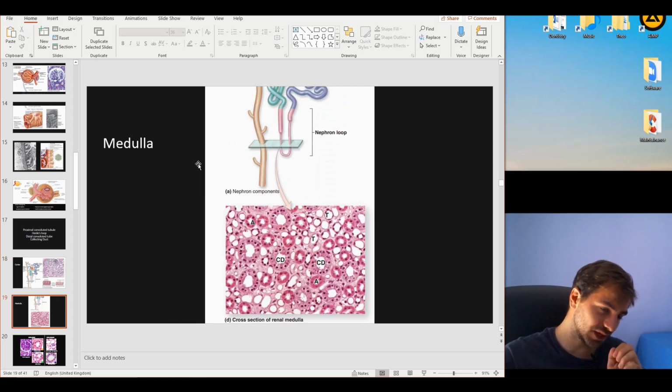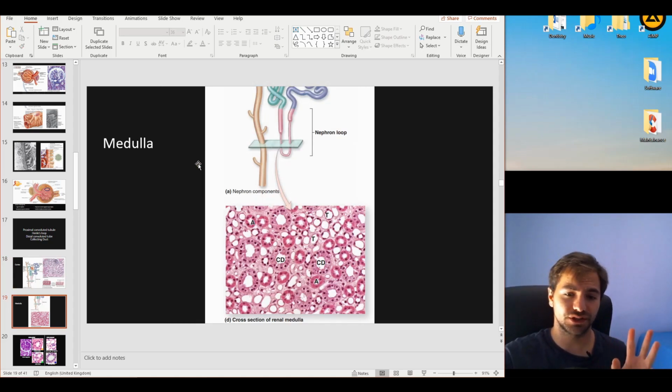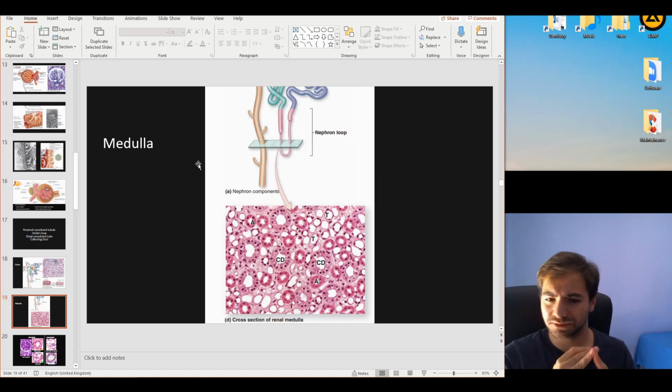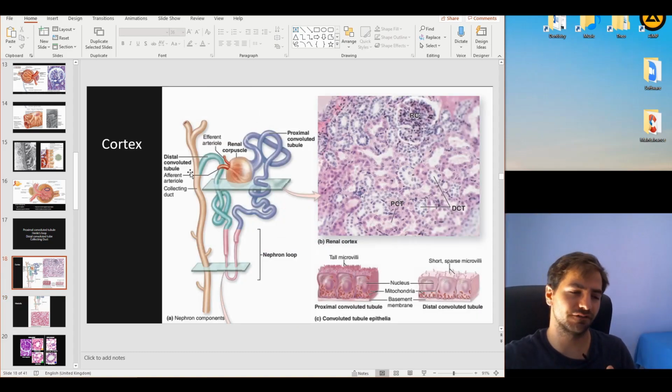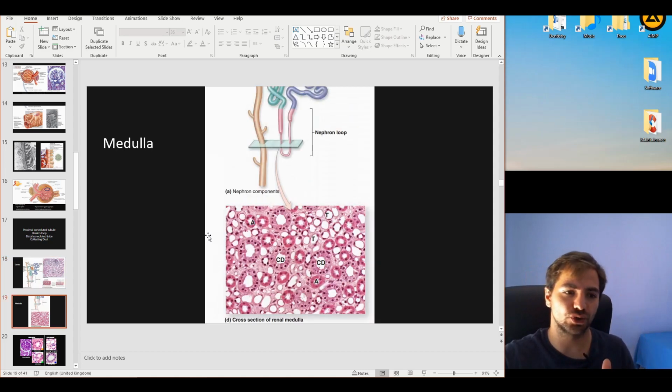So we're going to find again in the cortex only these two tubules, the proximal convoluted tubule and the distal convoluted tubule. And sometimes, because of its length and its very big projection, we're going to find the collecting duct, which more or less extends from the cortex to the medulla. So we're going to find these two and let's say half of the collecting tubule.